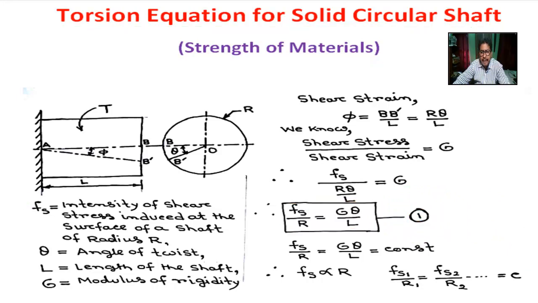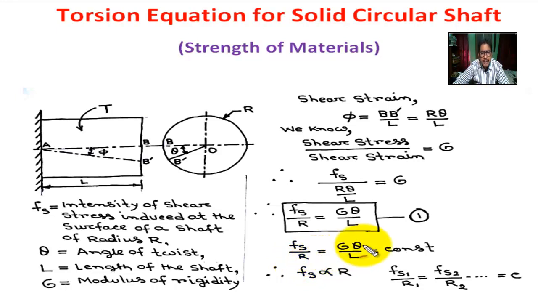Here Fs by R equals G theta by L. Fs is the shear stress induced at the surface, and R is the radius of the solid circular shaft.